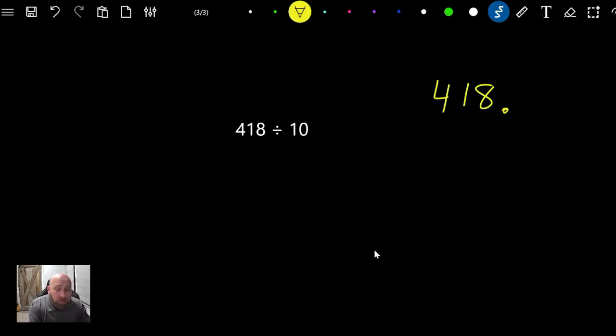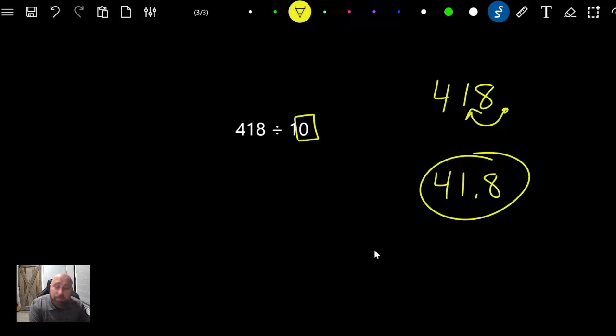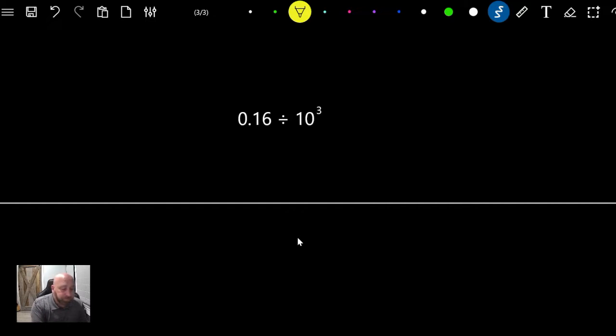And so we're going to move it to the left this way one time. Why one time? Because I only have one zero. So now my answer is going to be 41.8. Okay, that easy. Don't need a calculator. You don't even need to figure it out. It's just moving a decimal. Very simple process. Let's do another one.